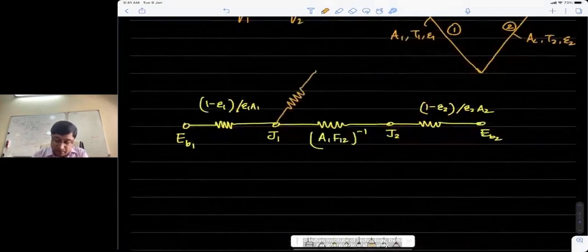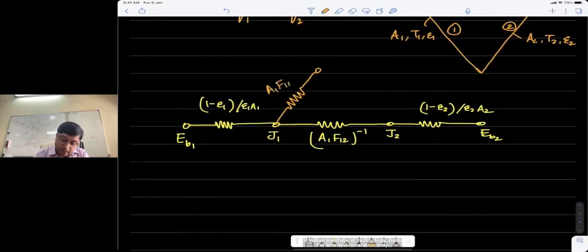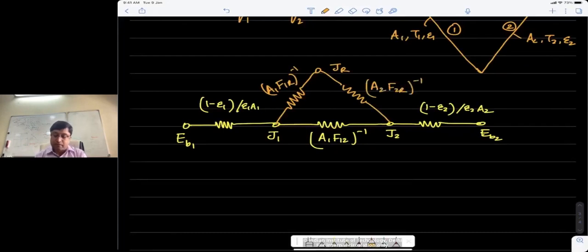We will have some resistance, (A1 F1R) inverse, to the re-radiating surface corresponding to JR, and then we will have some resistance corresponding to (A2 F2R) inverse, the view factor resistance.